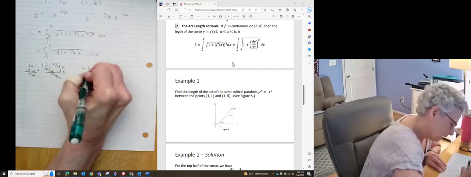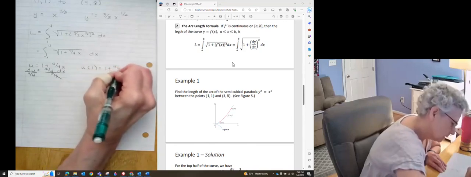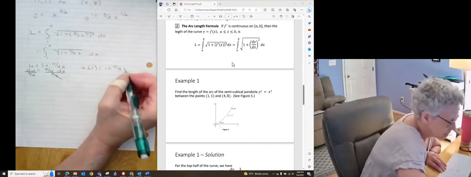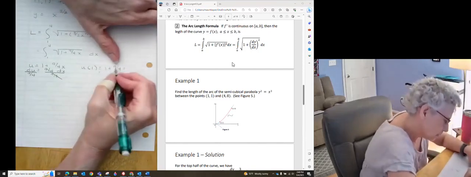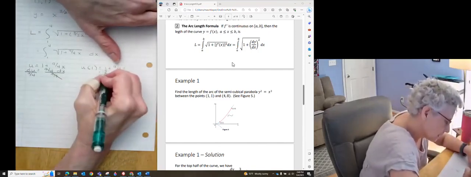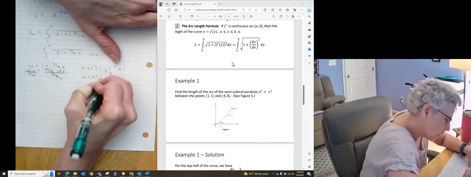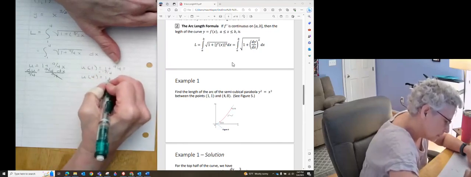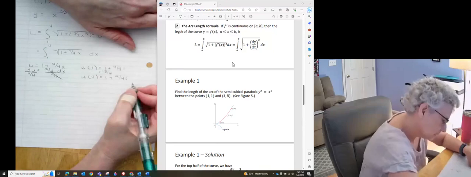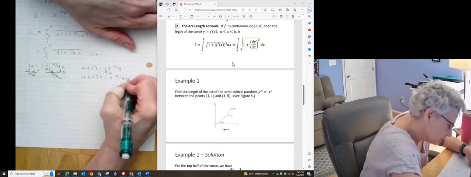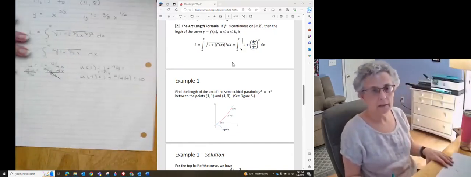And then u evaluated at 1 would be 1 plus 9/4. So that would be equal to 4 over 4 plus 9 over 4 is 13 over 4. And u evaluated at 4 would be equal to 1 plus 9 over 4 times 4, cancel, cancel, it's 10.